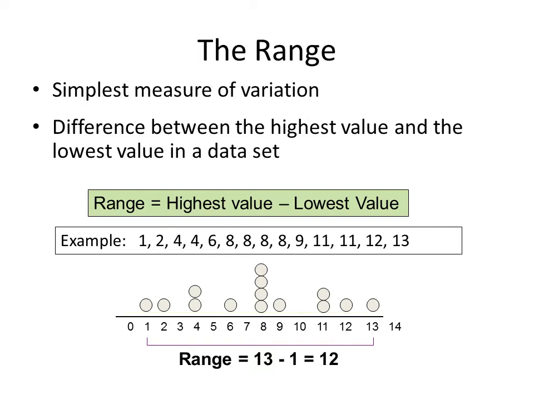The simplest measure of variability is range. The only benefit of this measure is that it's very simple to calculate, but it doesn't tell you much. Basically, it is the difference between the highest value and the lowest value. In this example, you're looking at values from 1 through 13, and the range is the highest minus the lowest, which is 13 minus 1 equals 12.